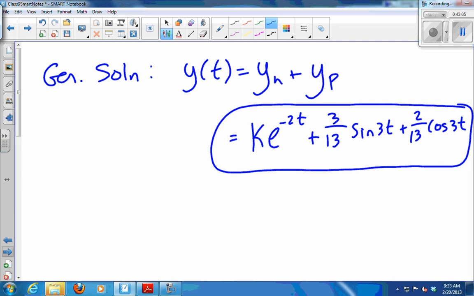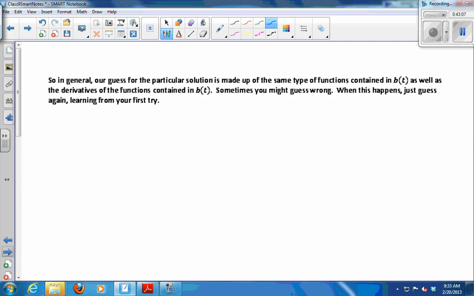So in general, your guess for the particular solution is made up of the same type of functions contained in the b of t, and also sometimes the derivatives of those functions. Sometimes you might guess wrong. When this happens, you just have to try again, making each guess smarter based on why the first guess failed.